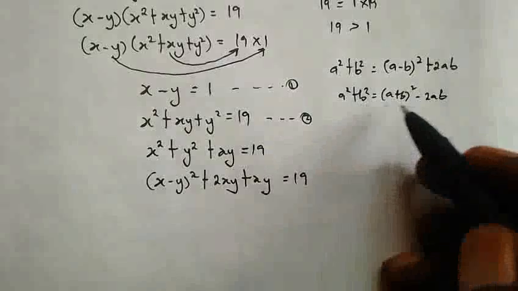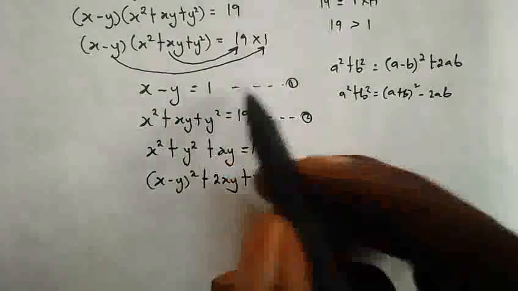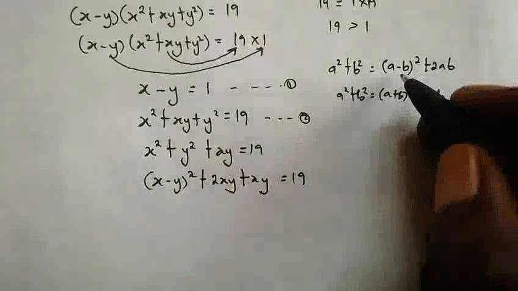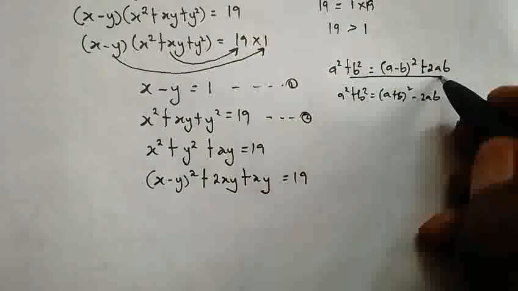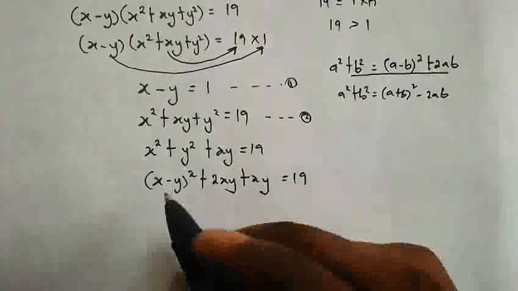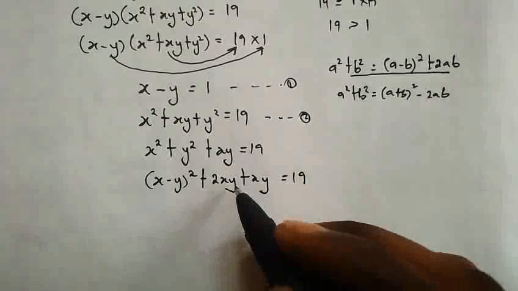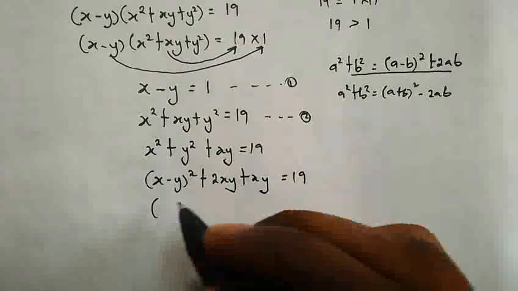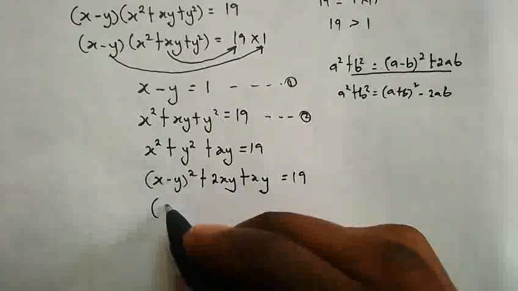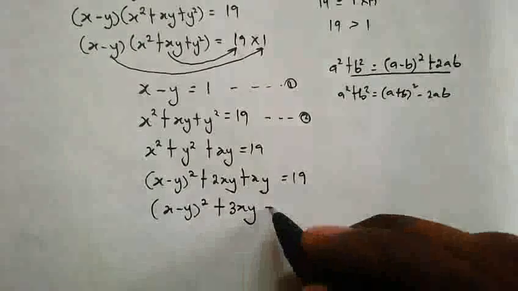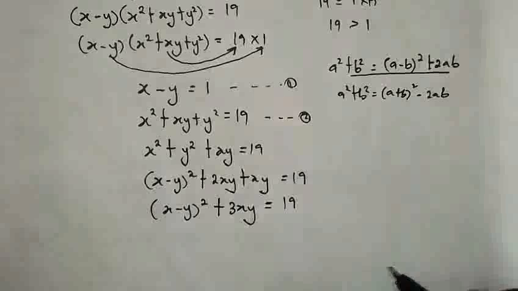There's another identity, a squared plus b squared is equal to a plus b squared minus 2ab. Why I did not make use of this is because I've seen that in my equation 1 I have the value for x minus y, so the best option is to go for this. So we can make this substitution to get the value for x times y. But let us first simplify this. Here we have x minus y squared then plus 3xy, and this is 19.